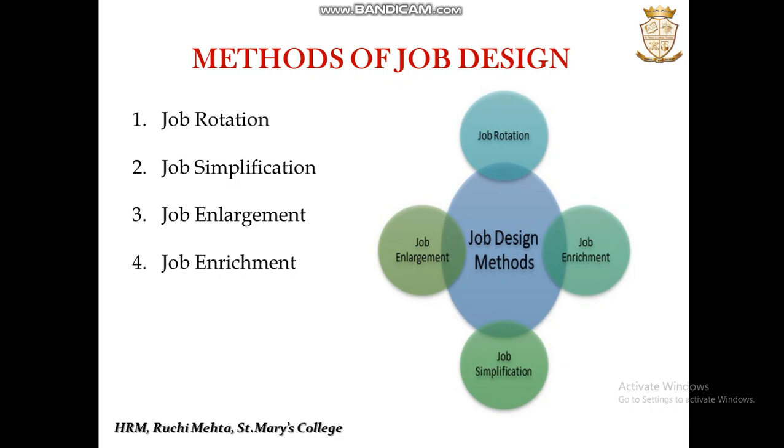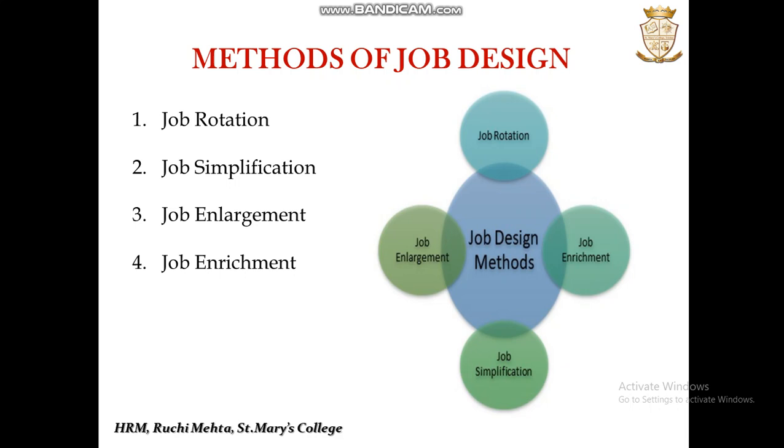Now, the second one is job simplification. Job simplification means the job is broken down into small pieces. The job is divided into smaller jobs. One large job is broken down, and each employee is given a portion of the job.